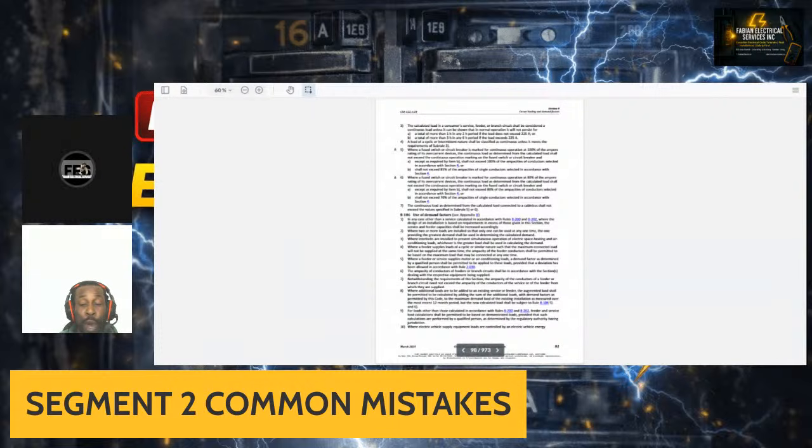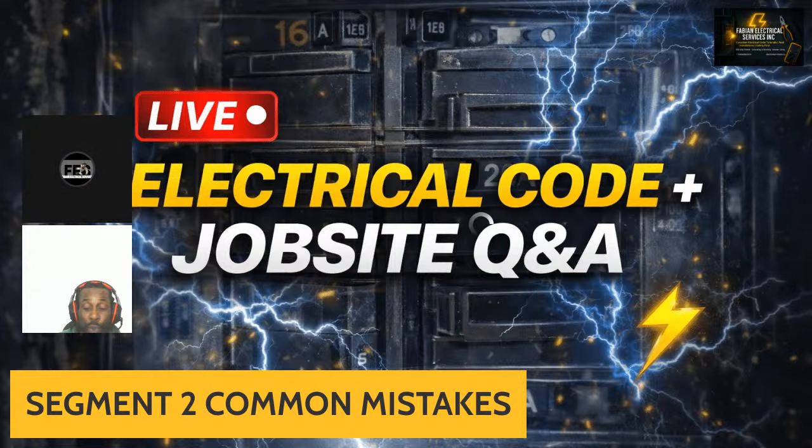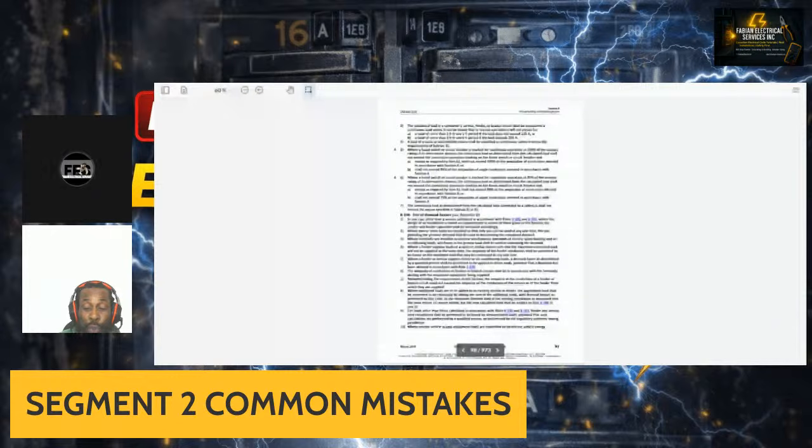You always go with what you have. So if this is a 20 amp two pole breaker, you have to use a 12 2 wire on here. You cannot go down.